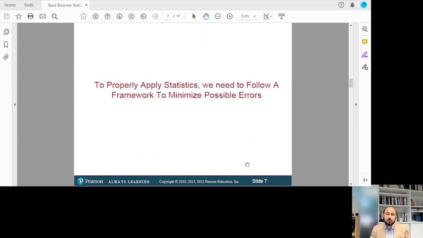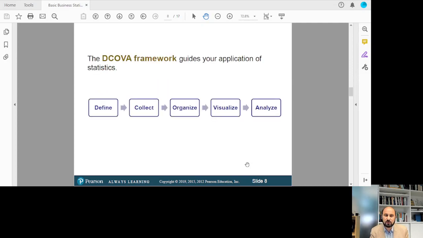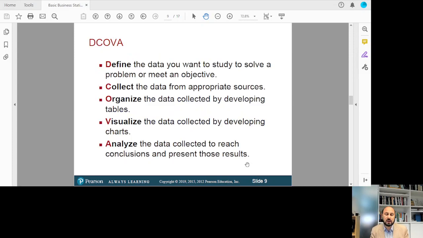To properly apply statistics, we need to follow a framework to minimize possible errors that may occur during data collection or at the time of data analysis. Remember, the framework name is DCOVA. DCOVA is: define, collect, organize, visualize, and analyze the data effectively.